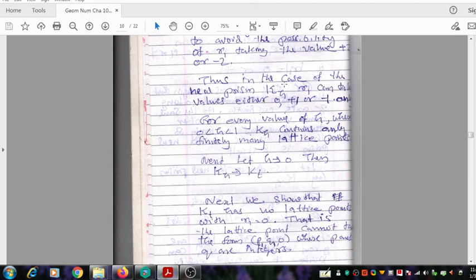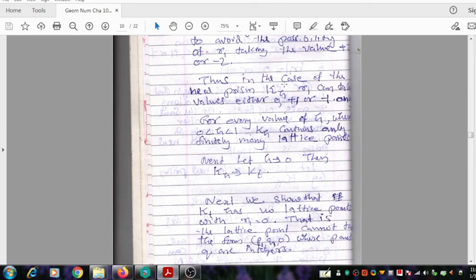So for every value of h, when 0 < h < 1, K_h contains only finitely many lattice points.